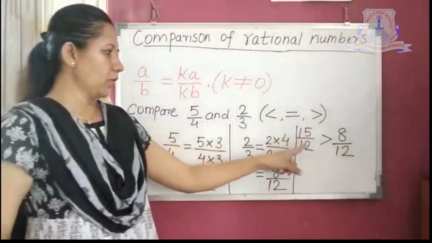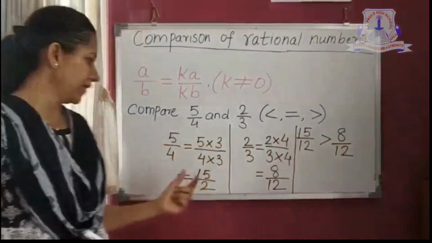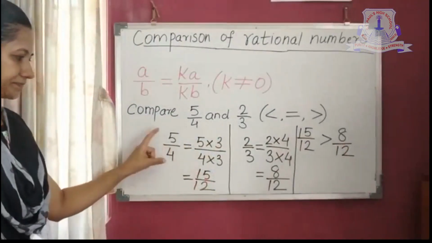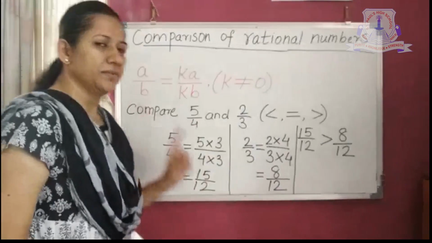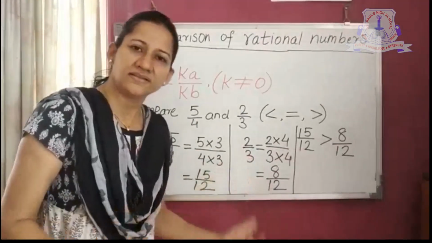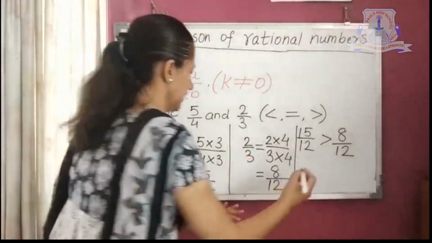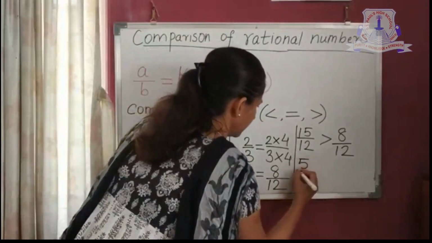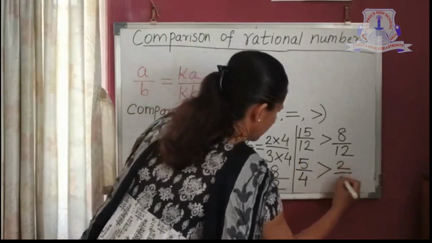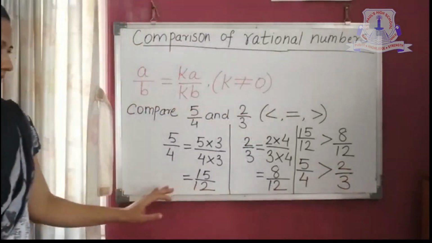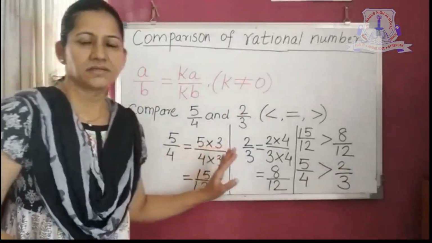Because 15 upon 12 is greater than 8 upon 12, and the fraction corresponding to this is 5 upon 4, 5 upon 4 will be greater than 2 upon 3. I hope that is clear to you. That's the reason 5 upon 4 is greater than 2 upon 3. I hope this is clear to you.